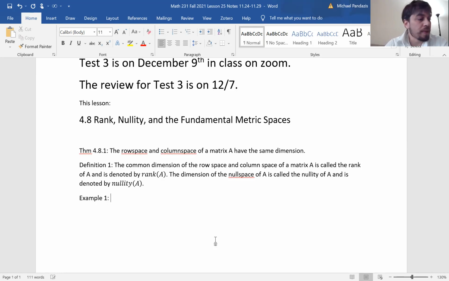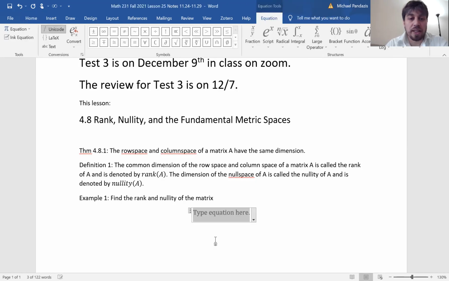Example 1: find the rank and nullity of the matrix A here. Capital A is a 4x6 matrix. I'm going to construct a 4x6 matrix now.